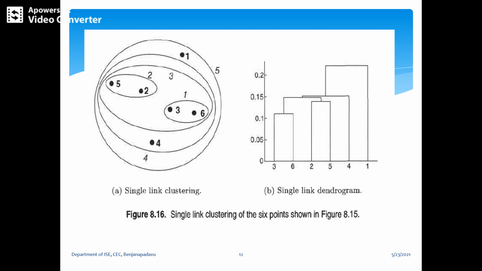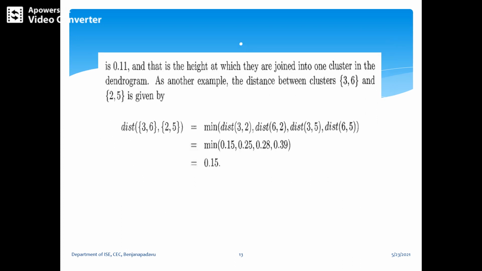In that, we have taken 3 and 6 in the distance matrix. P3 to P6 is 0.11 in the previous table. That is our calculation part, 0.11, and that is the height at which they are joined into one cluster in the dendrogram.